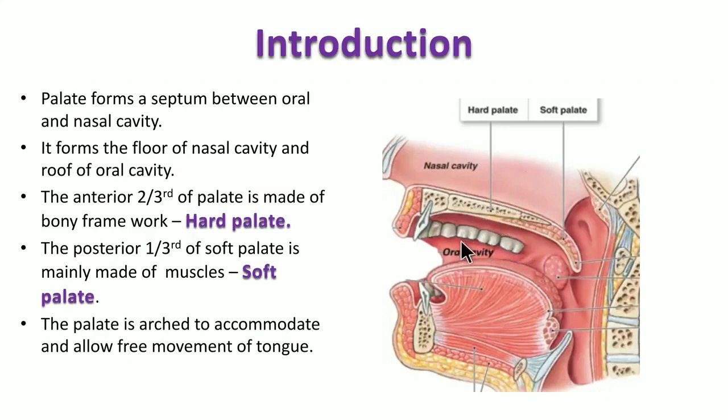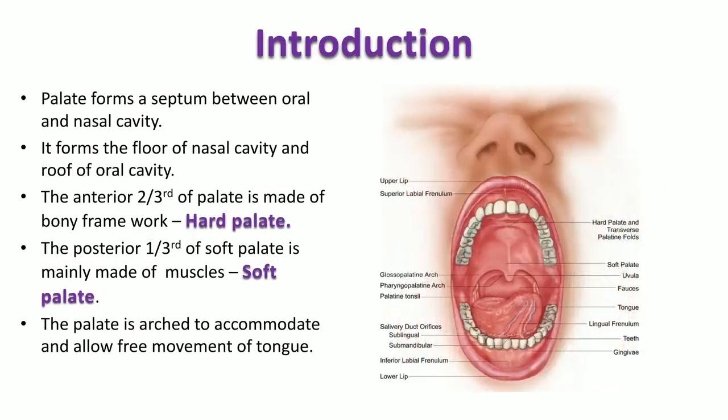Why is this arching necessary? Mainly to accommodate the tongue, so that the tongue can move freely during mastication, speech, and also during deglutition. So you see the palate contained within the alveolar arches, arched from before backwards as well as side to side. This arched pattern of the palate is mainly seen in humans.